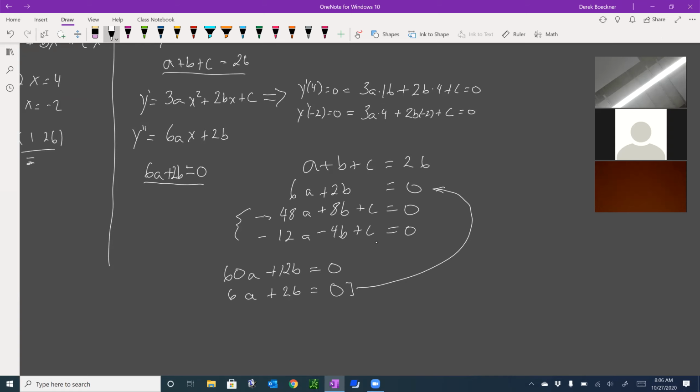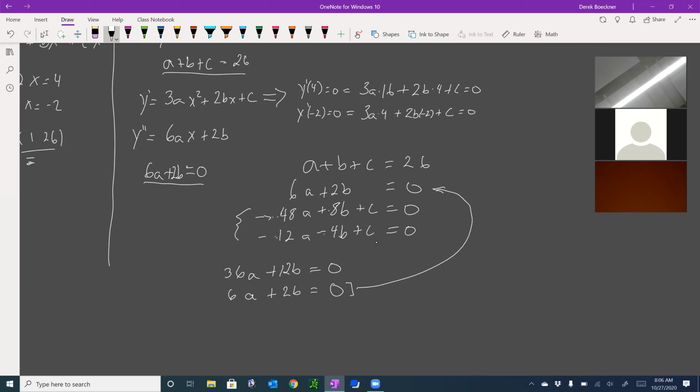And this one is this minus this. 48 minus 12 is 60. 48 minus negative 12 is 60. That's not a minus negative 12 though, is it? That's okay. That's more helpful. So that's going to be 36. But that's still not going to help me anything, but it's less confusing than it was before.